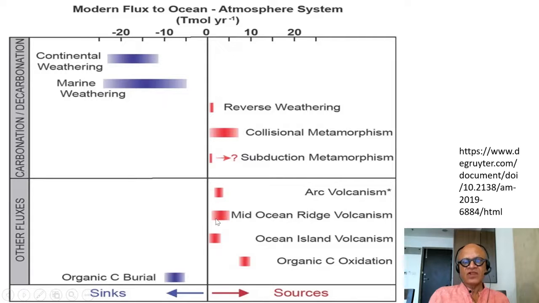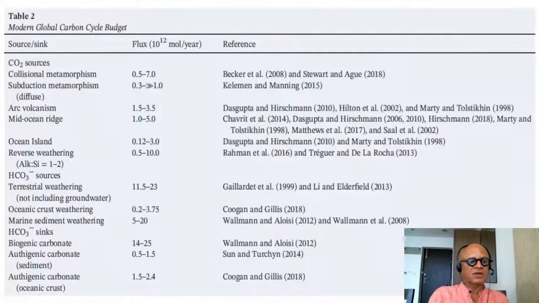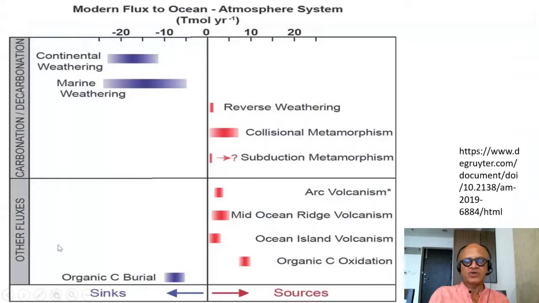Mid-ocean ridge volcanism, larger range. Ocean island volcanism, and organic carbon oxidation, which is looked at here as HCO3 minus sink, so that produces CO2 flux to the ocean atmosphere system.